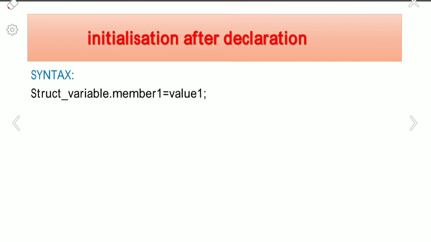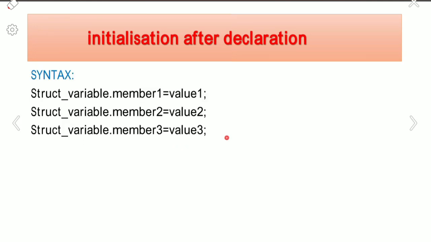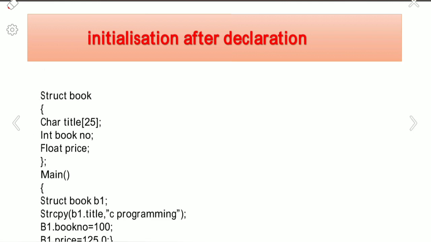But in initialization after declaration, we directly assign the value to a member. So it is struct variable dot member1 equals to value1. We are directly assigning the values to the data members of the structure, right? In this way we assign the values of the structure members.